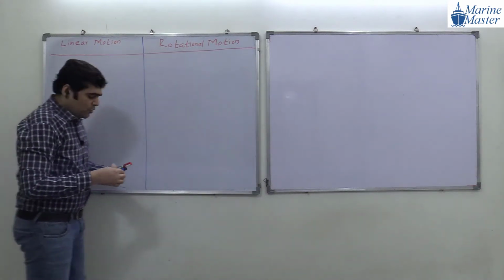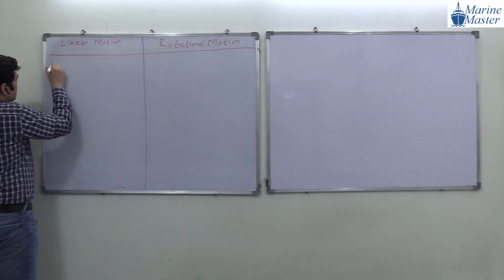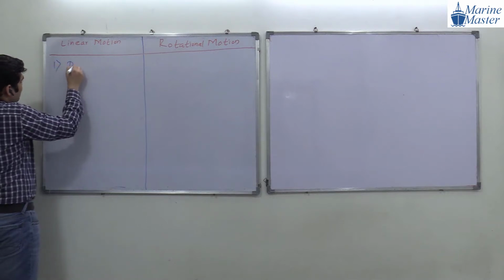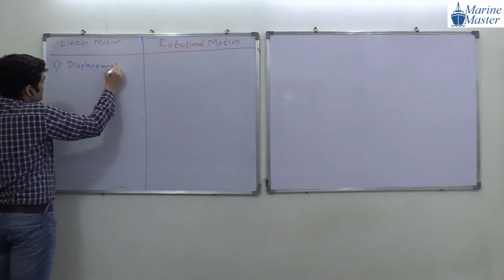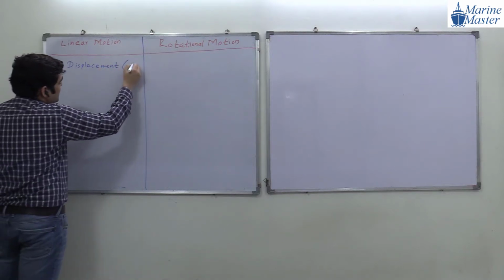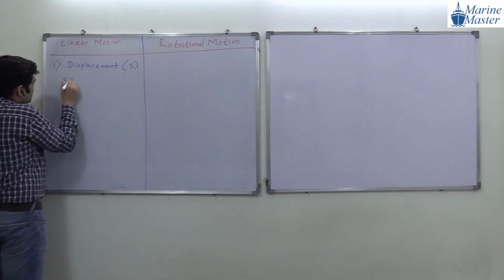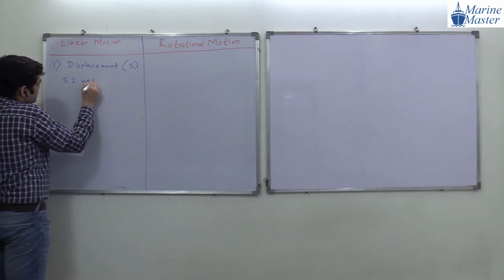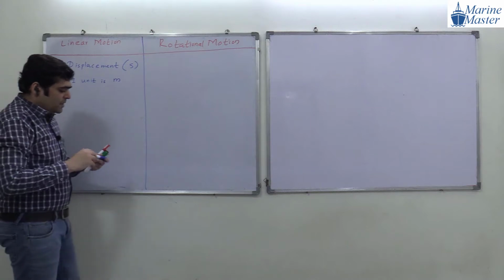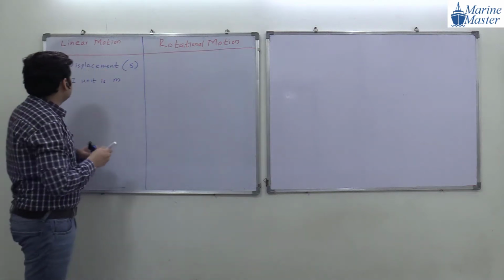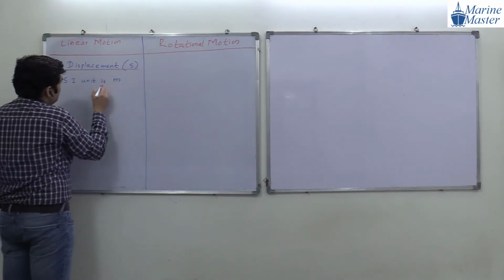By which symbol did we denote displacement? The SI unit of displacement is the meter.